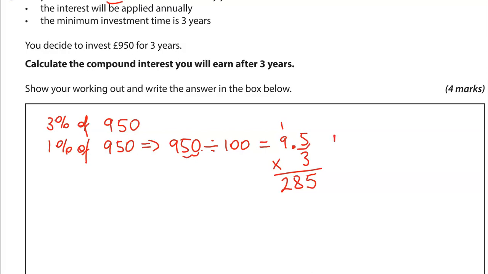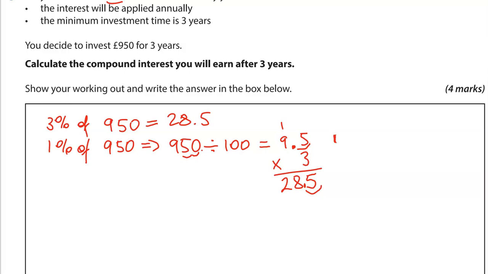The 3 is a whole number, so it doesn't have a decimal place. So in total there is 1 decimal place, so we're going to give the answer only 1 decimal place. So the answer will be 28.5 for the 3%. So 3% of 950 is 28.5, or £28.50, since we're talking about money.